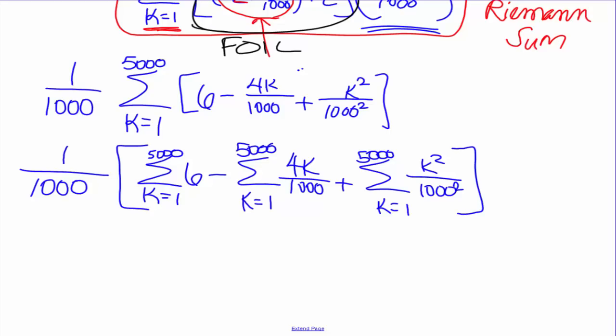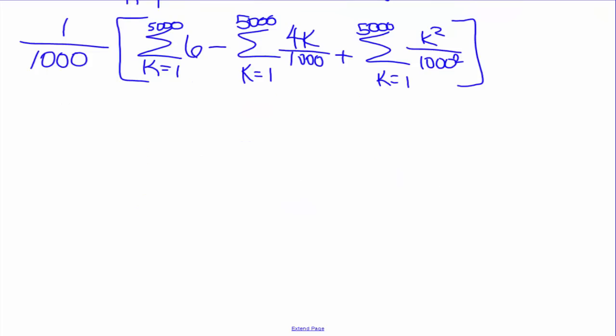Okay, so now we need to pull out those constants, and this is where some people get a little wigged out by the fraction. So I'm thinking of it like this. 6 is like 6 times 1, 4k over 1,000 is like 4 over 1,000 times k, and k squared over 1,000 squared is like 1 over 1,000 squared times k squared.